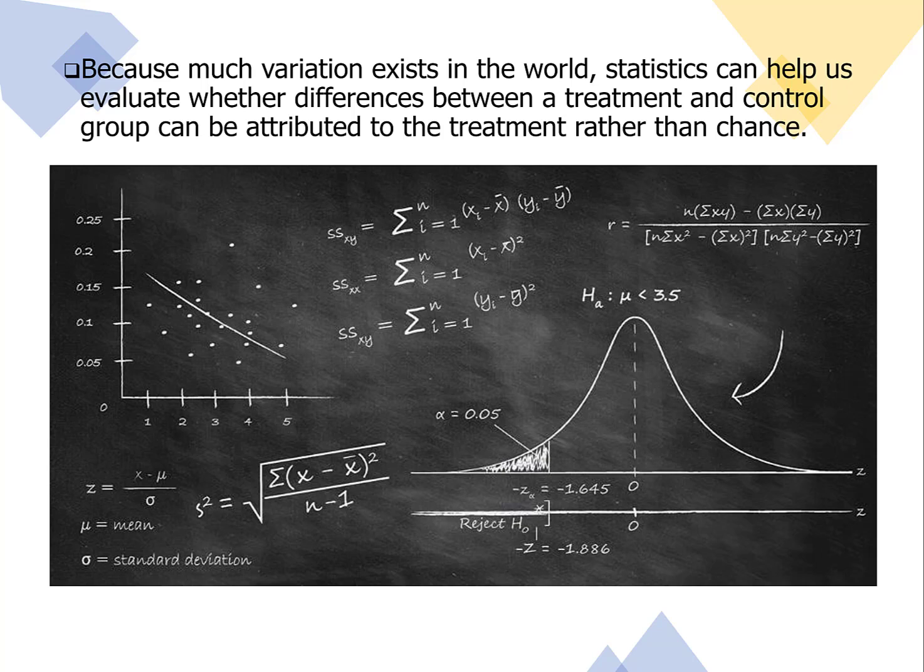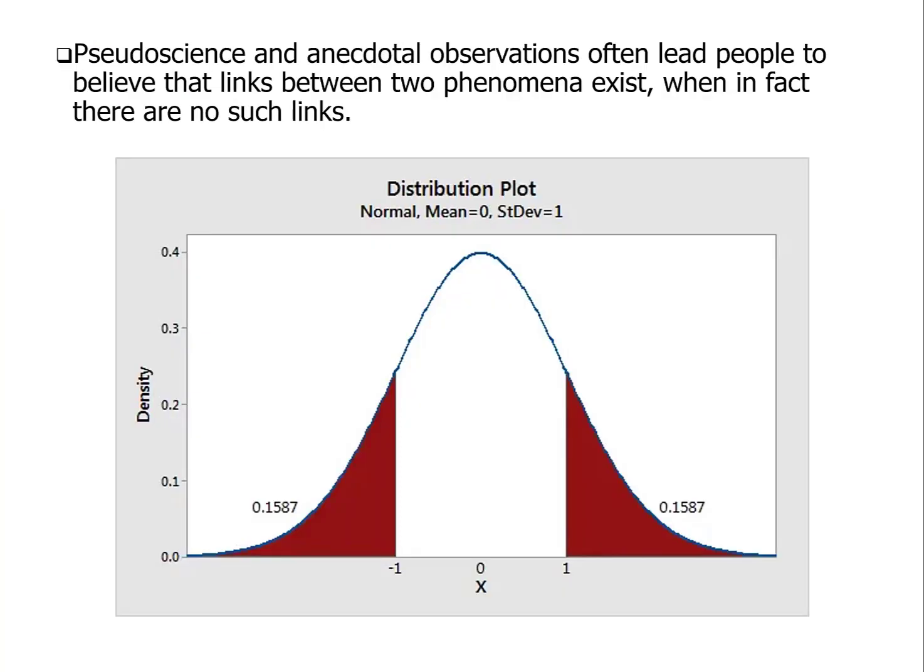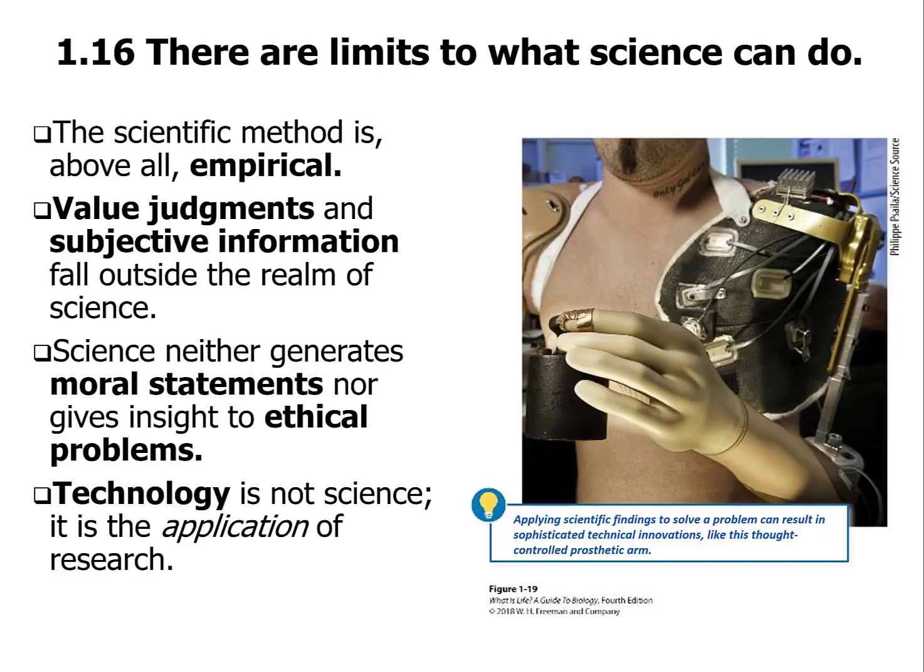And again, it's just a tool that we can look at. Pseudoscience and anecdotal observations often lead people to believe that links between two phenomena exist, where in fact there is no such link. So the bulk of the things that occurred in the distribution really dictate if the data is real or not.